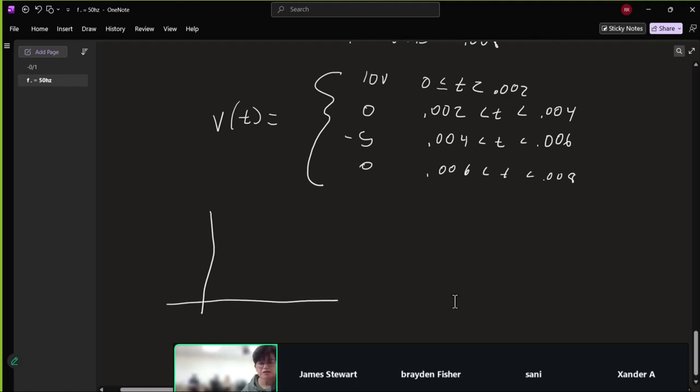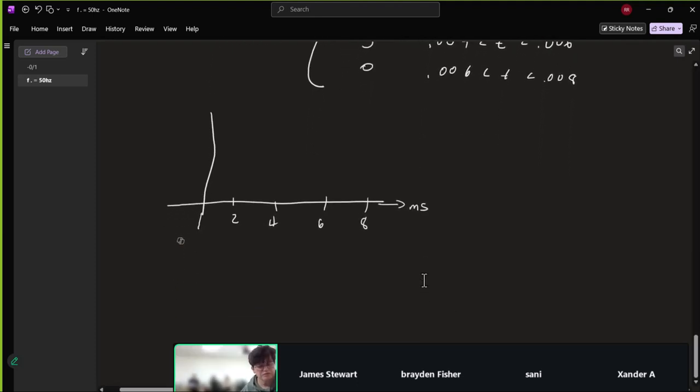So the first direction is to sketch it. So 2, 4, 6, 8 in milliseconds. -5, 10, -5, -10, and it was 10 from 0 to 2, and 0 from 2 to 4, and -5 from 4 to 6, and 0 from 6 to 8.